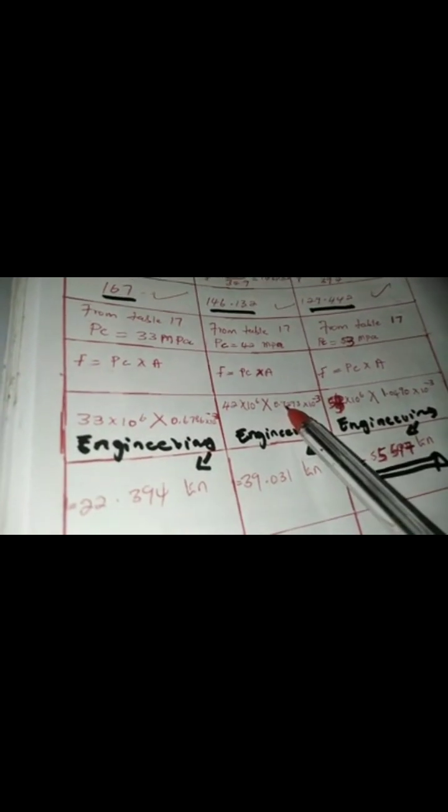And then let's go to this one. This one is 42 from table 17. It's 42 MPa times the A. The A from 101 by 7.29, and the A is 0.9293.